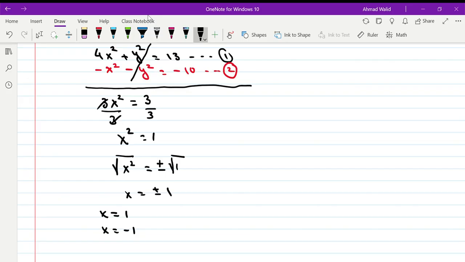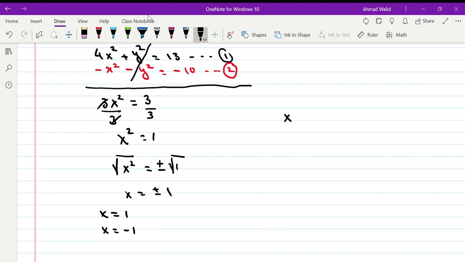Now plug in the value of x in one of the given equations. Usually try to choose the easy one and find the value of y. The easy one means you have smaller coefficients. Those types are easier, right? For example, look at your equation number 2.